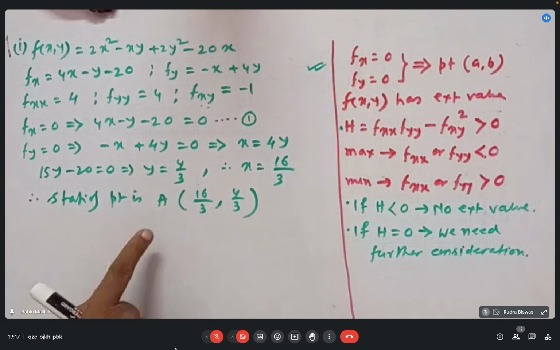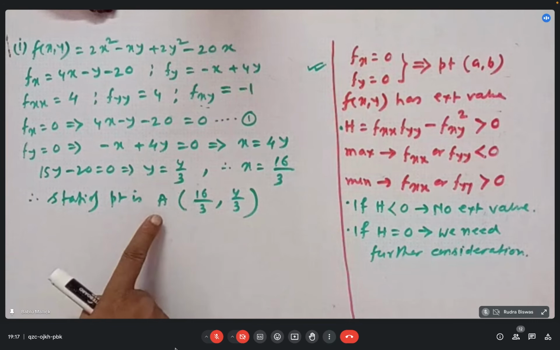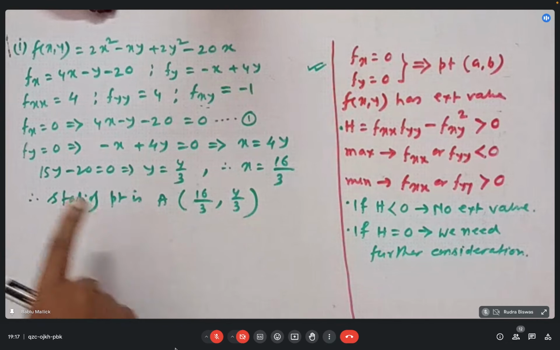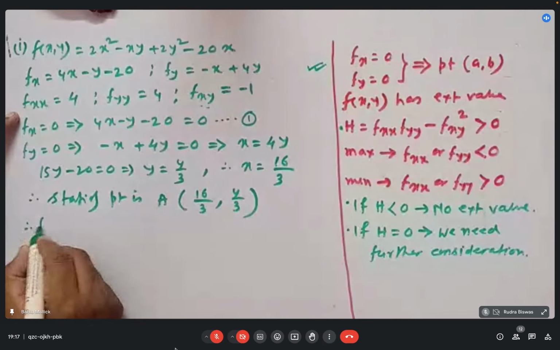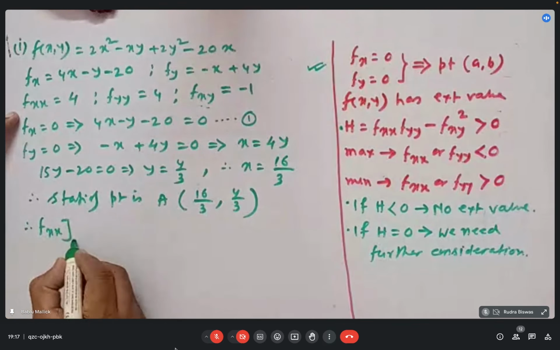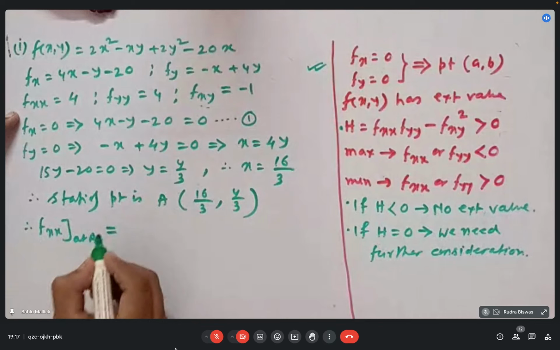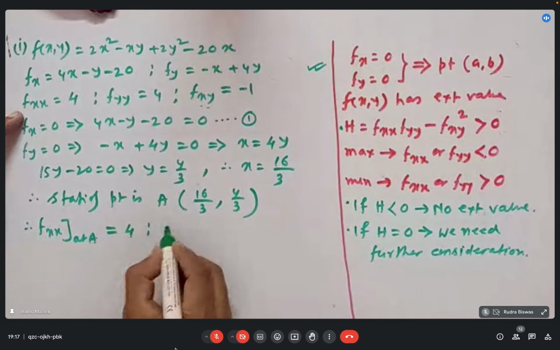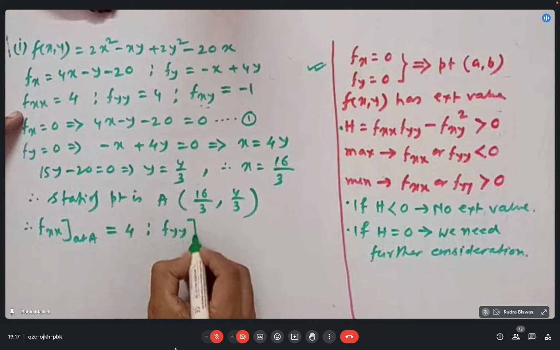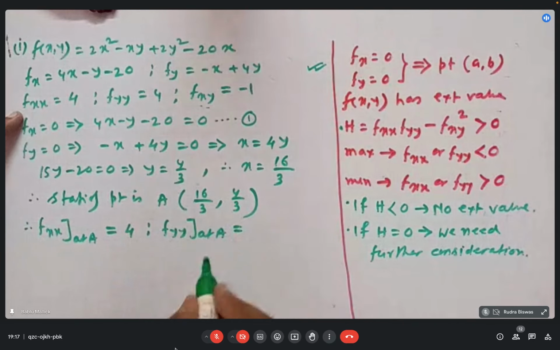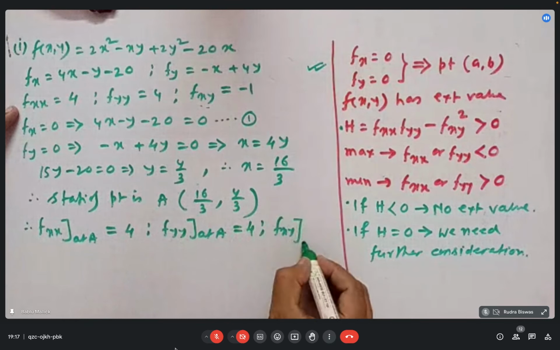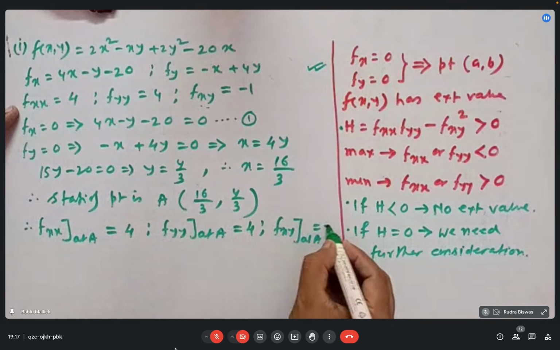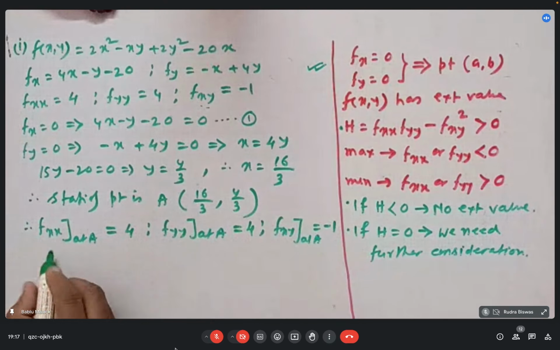Now at this point we shall find these derivatives. Therefore fxx at capital A is equal to 4, fyy at capital A is equal to 4, fxy at capital A is equal to minus 1.